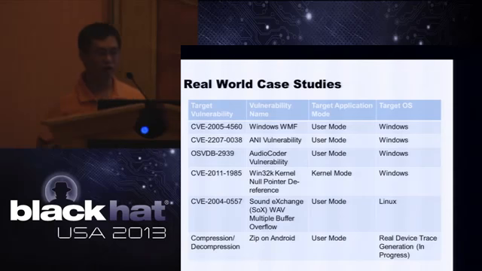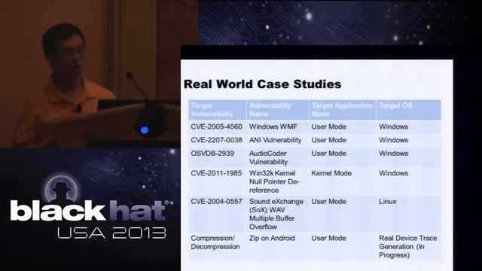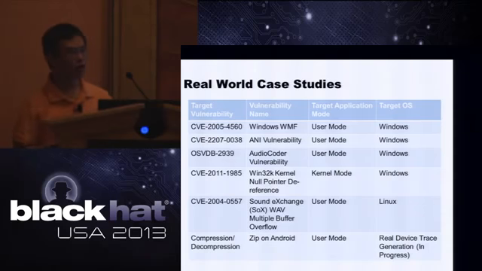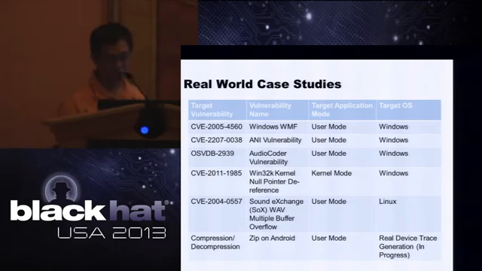We also have some audio vulnerability. On Windows, we collected some kernel crashes, and also Unix and Linux. Also, we have some work in progress for a zip application where we're focusing on the compression and decompression activities from an Android real device.